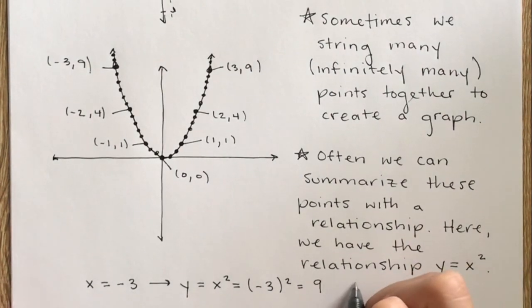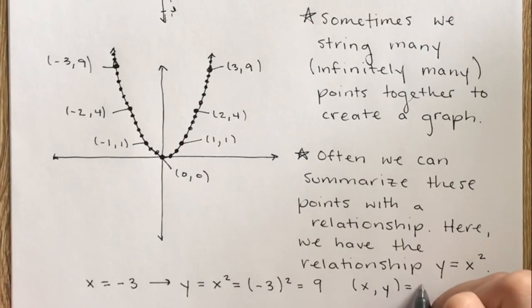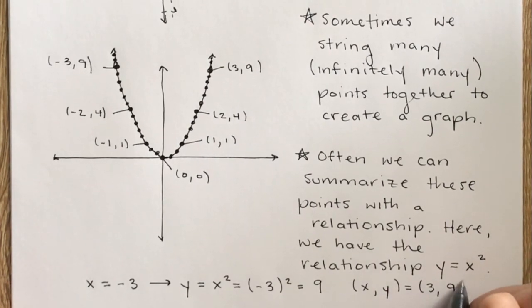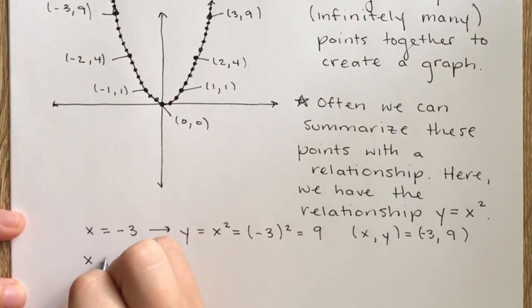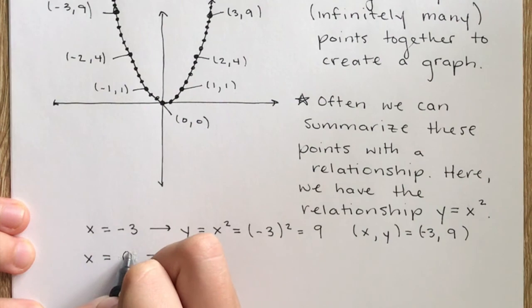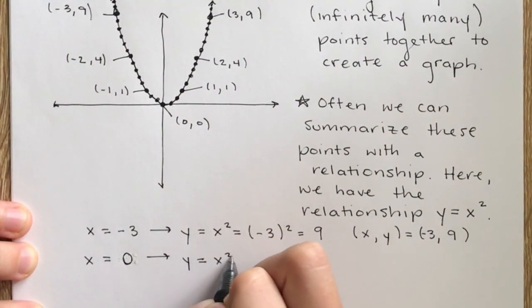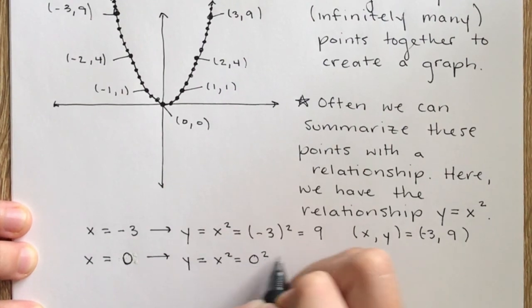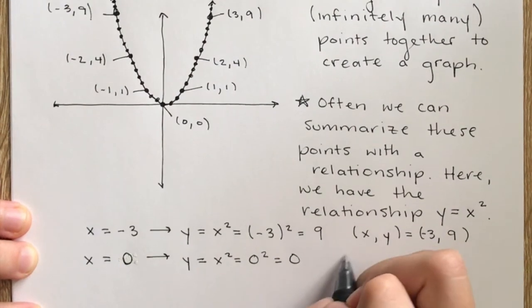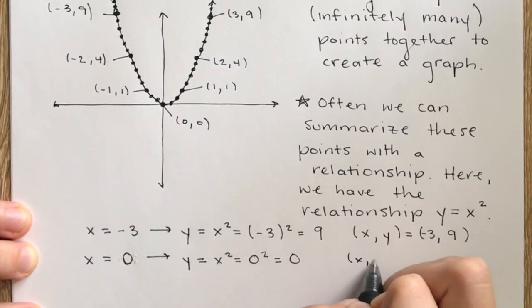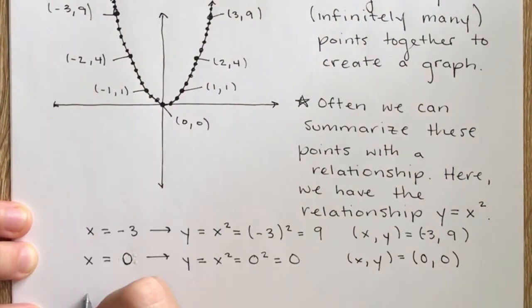So that gives us the point (x, y) = (-3, 9). If x is 0, then we have y equals x squared, which is 0 squared. 0 times 0 is 0, so we have the point (x, y) = (0, 0).